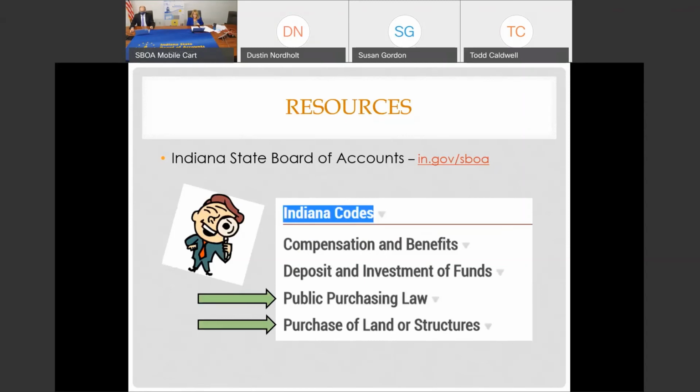So you'll see we have illustrated here that the public purchasing law is there, and the purchase of land or structures is also there. There's also a section for the disposal of property. So you'll want to take a look at that. It is a good resource, but again, we always recommend that you look directly to the statute when making decisions. These are just to guide you and provide some assistance that way.